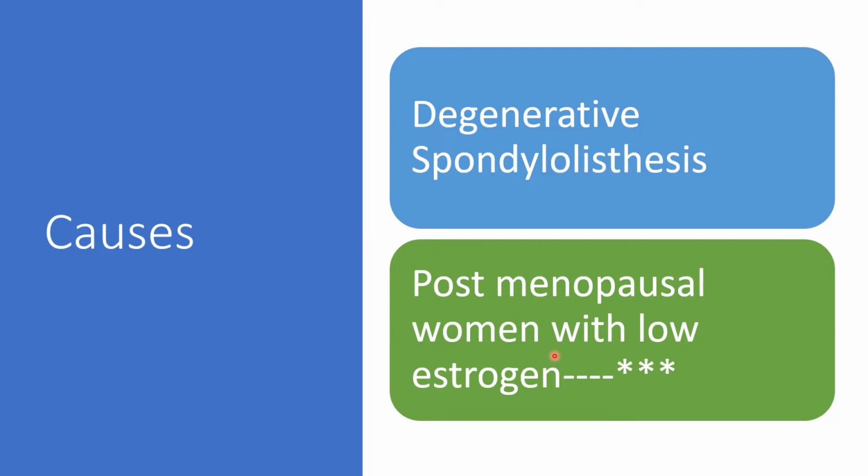And the back pain here will be radiating to the legs. And that will become worsened or aggravated while walking. And sometimes it could lead to neurogenic claudication, if the spinal cord is also compromised.